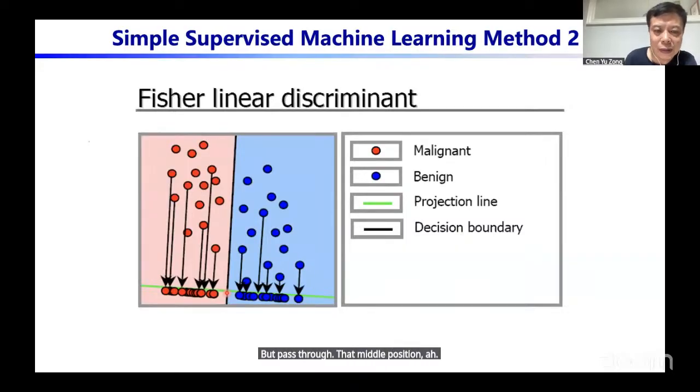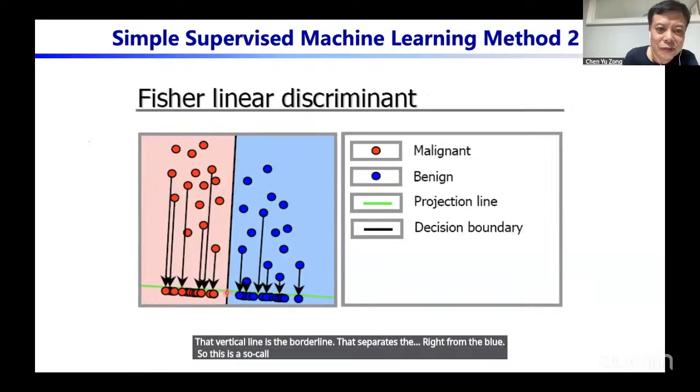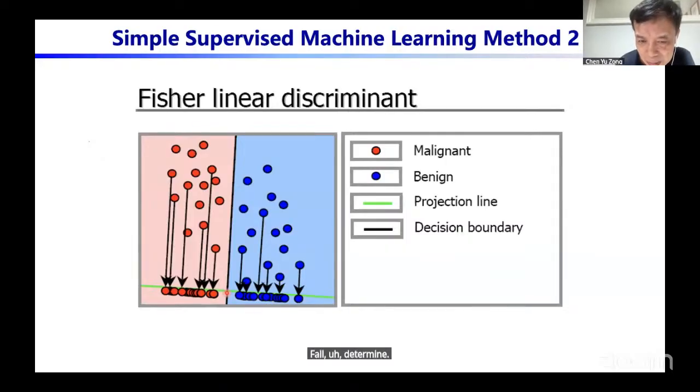That perpendicular line is the borderline that separates the red from the blue. So this is the so-called Fisher linear discriminant method for determining the borderline of this particular data set.